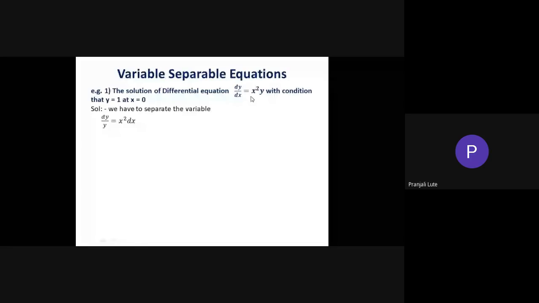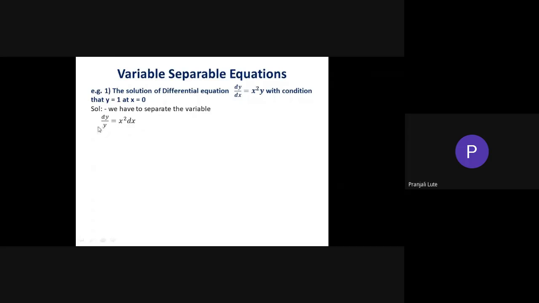This equation is dy by y equal to x square dx. Here we observe that y and x, both variables are separated.